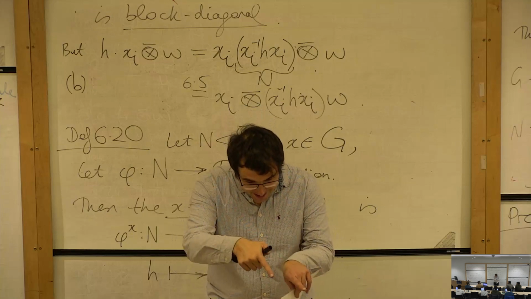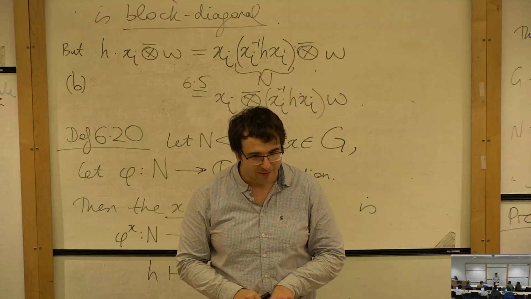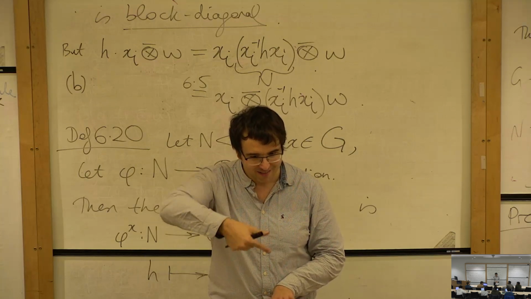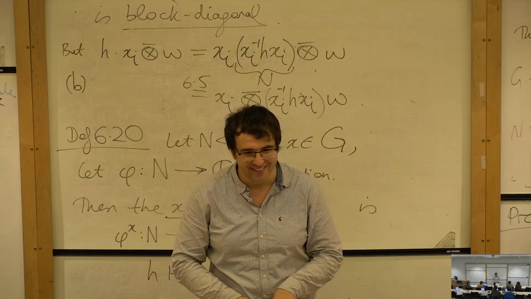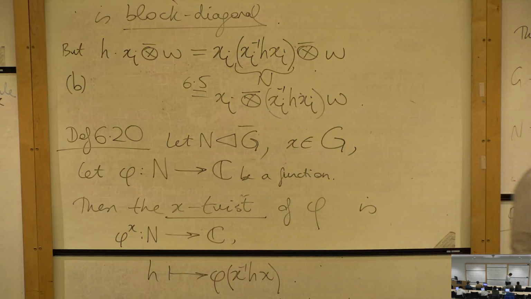Take a G-stable subspace of this twisted representation. Think about the action. It's true, because the way the twist works is you fix an element of the big group.